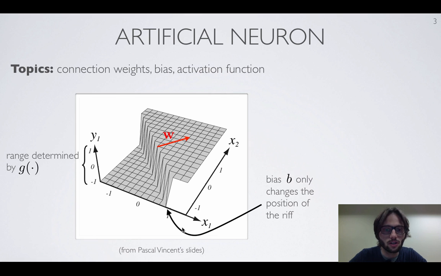So here's a 2D visualization of the activation of a neuron. So imagine we have a vector made of two elements, x1 and x2. And then we'll note as y, so I could have written instead h(x) here, the output activation of the neuron. Okay, so the first thing we see here is that on this axis here, we get values that are between -1 and 1.